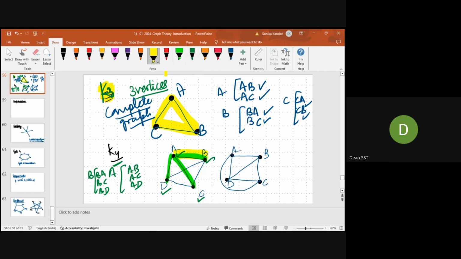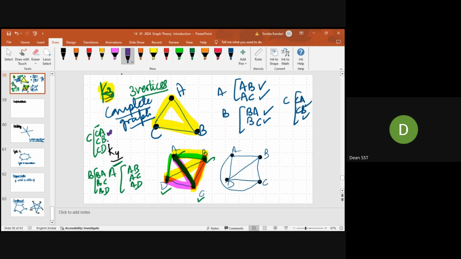B A, B C, B D. They are adjacent, yes. Now we will check for C. C A, C B, C D. Yes.